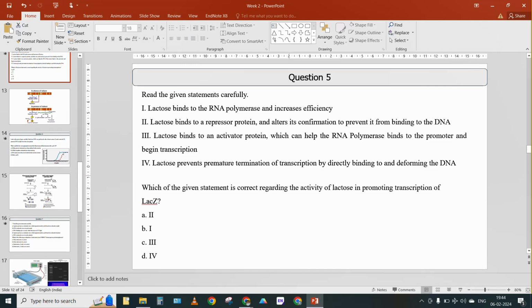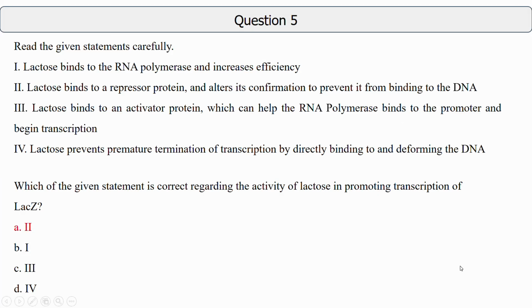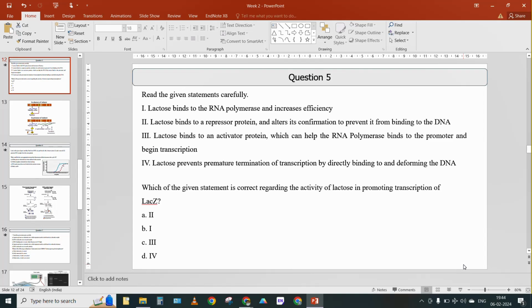In the lac operon, when lactose binds to the repressor protein, the repressor stops the polymerase from going and activating the factors for digestion of lactose.